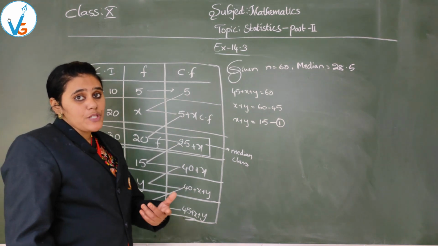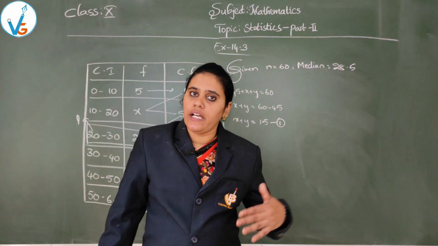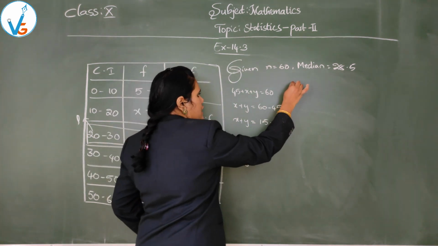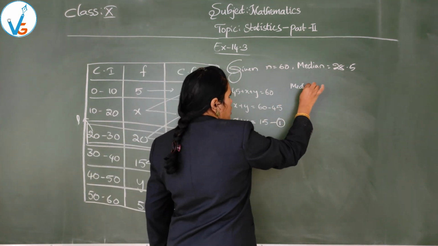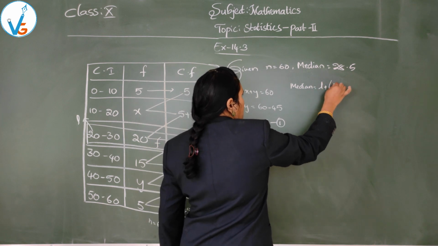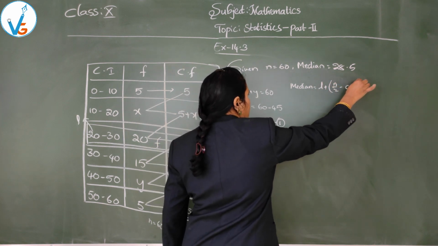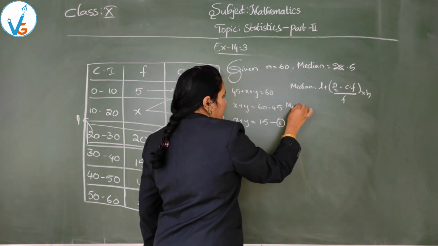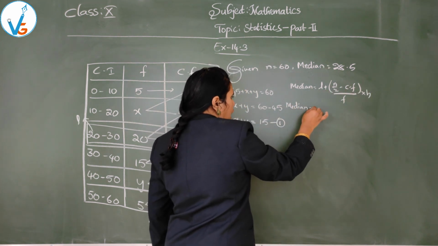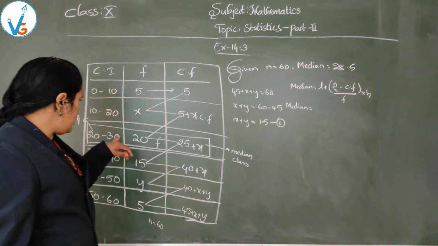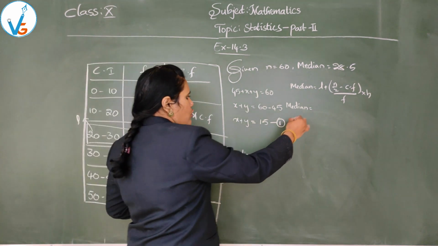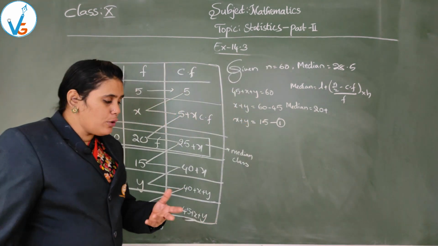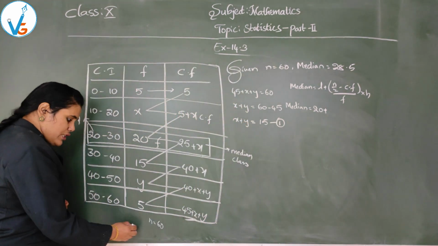Now we have to substitute all these values in the formula of the median. What is the median formula for us? Median is equals to L plus n by 2 minus cf by f into h. So median it is equals to L. What is our L over here? It is 20. 20 plus n by 2. Did we do n by 2? No, we didn't do n by 2. N is 60.